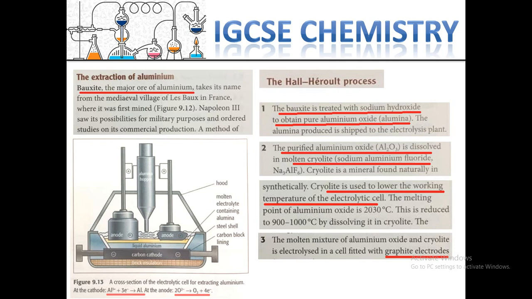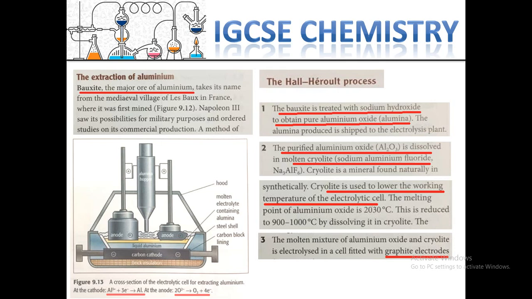The third point is that the molten mixture of aluminum oxide and cryolite is electrolyzed in a cell fitted with graphite electrodes. So the electrodes are made of graphite. This is another point that you need to consider.